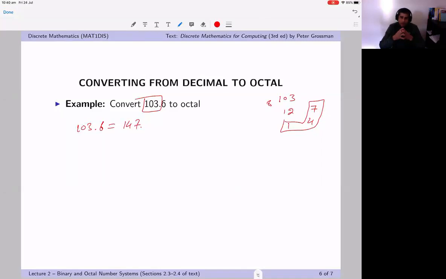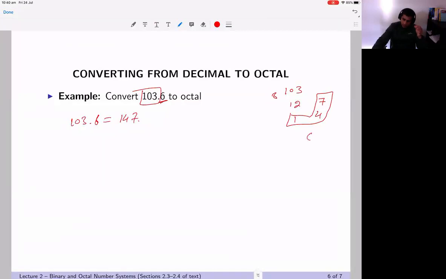The next step is to convert the fraction part, which is 6, into octal. So you multiply by 8 and see what we get. 8 times 6 is 48, so 4 is the value there. 8 times 8 is 64, so 6 goes there. 8 times 4 is 32, so 3 goes there. 8 times 2 is 16, so 1 goes there.